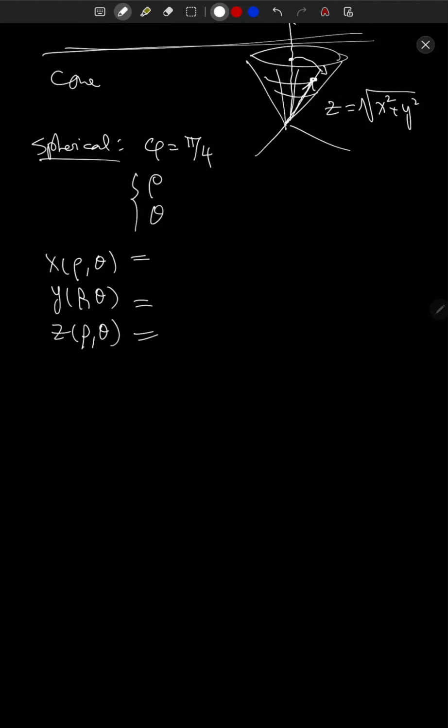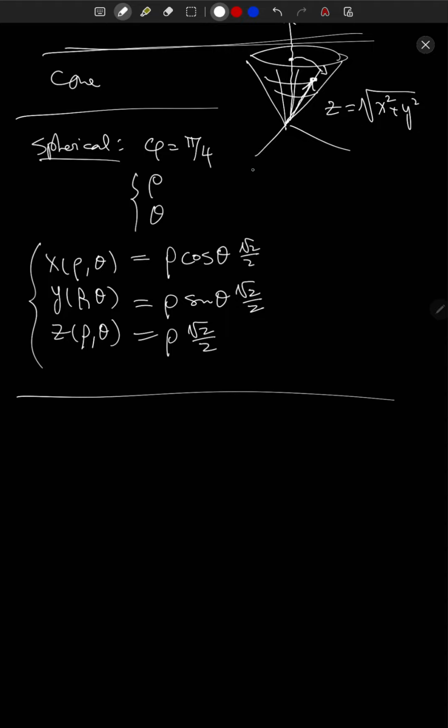So this would be rho cos theta sine phi, sine pi over 4, root 2 over 2. Rho sine theta sine phi, root 2 over 2. And then rho cosine phi, root 2 over 2. So this is a quick parameterization of this cone.